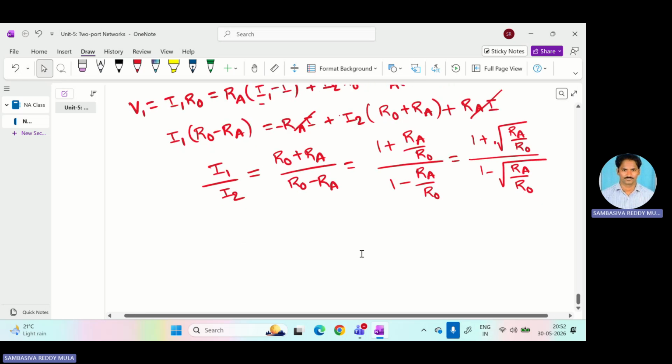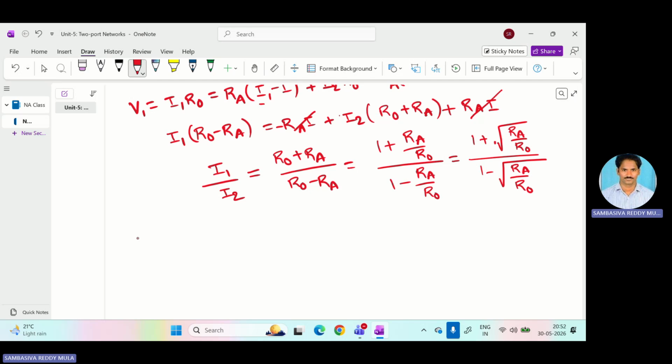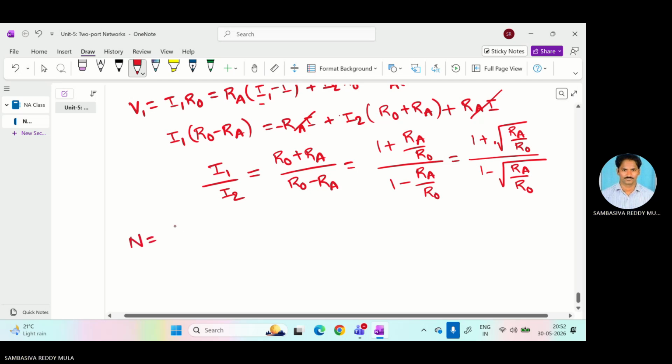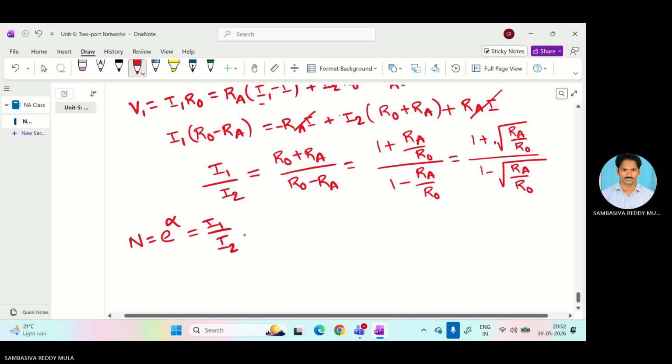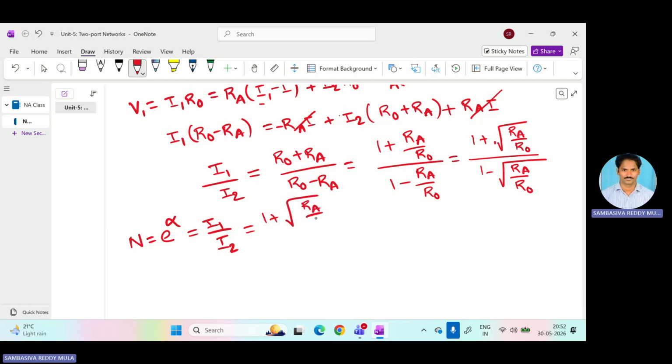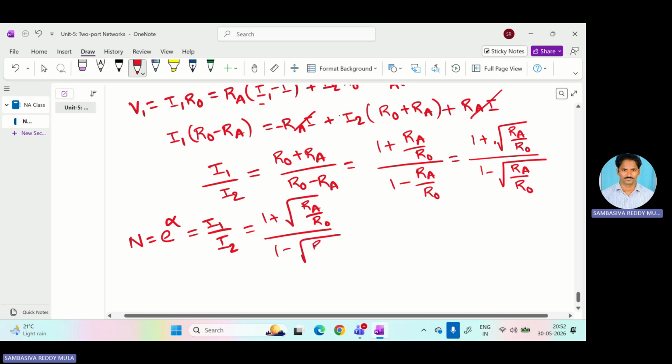Now, what is the propagation constant? N is represented as N in Nepers. So e power alpha is nothing but I1 by I2, which is 1 plus square root of RA by R0 divided by 1 minus square root of RA by R0.